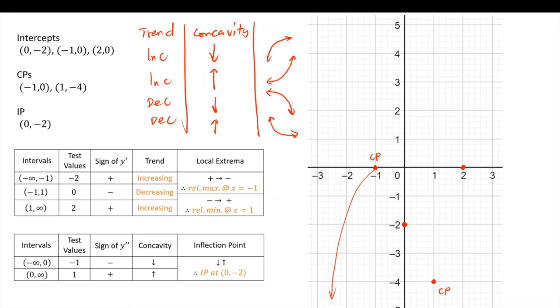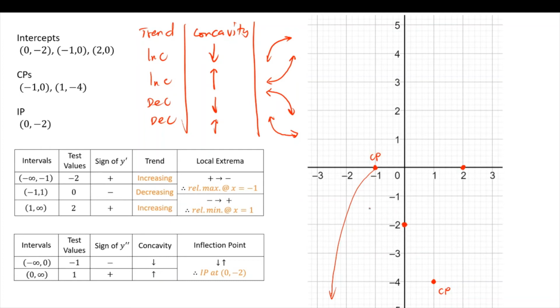Next interval is -1 to +1. At this interval, the graph is decreasing, meaning going downwards from left to right. However, the concavity changes from downwards to upwards because we have an inflection point.